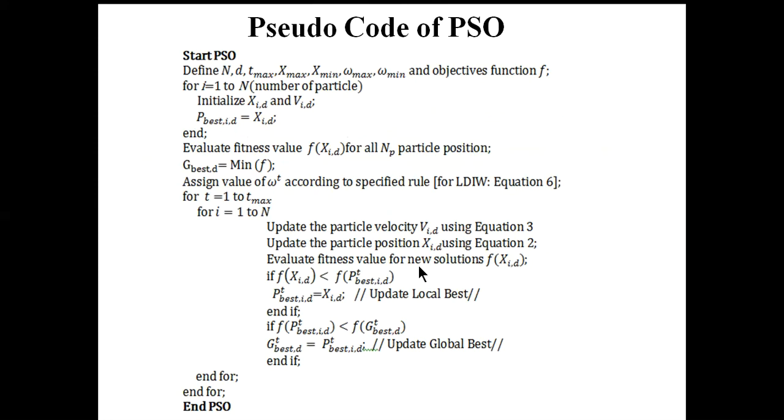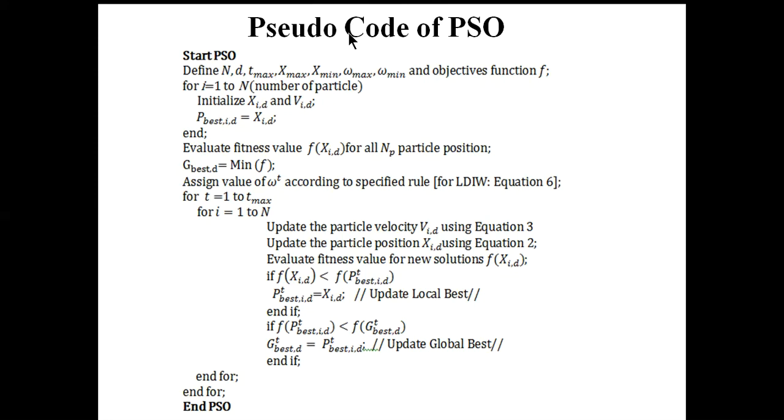Now this is the pseudocode of the PSO. So let's start the PSO. Initially we have to define the following parameters if we consider the LDIW strategy, linear decreasing inertia weight strategy. First, the number of population, D, the dimension of the search problem, T max is the maximum number of iterations.